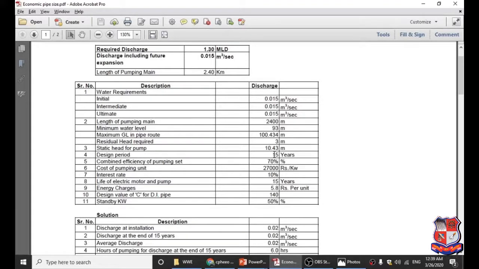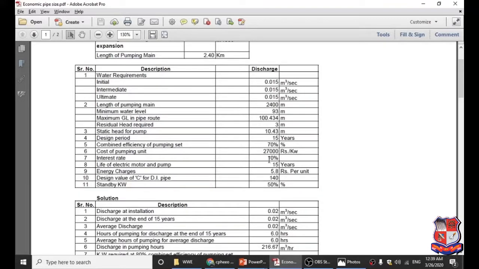Design period we are considering 15 years for all mechanical parts like pumps, and for civil work we are considering 30 years as the design period. Combined efficiency of pump set we have considered 70%. Cost of pumping unit is 27,000 rupees per kilowatt. Interest rate 10%. Life of electric motor and pump 15 years, and energy charges 5.8 rupees per unit.